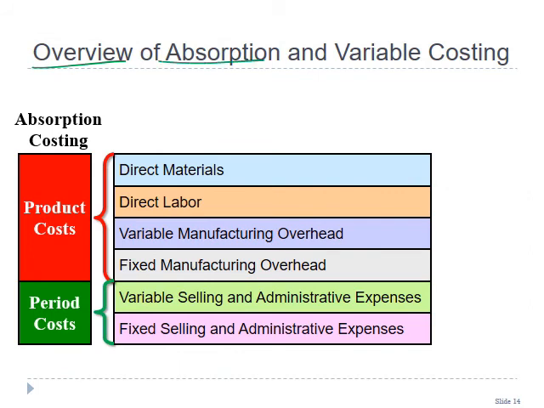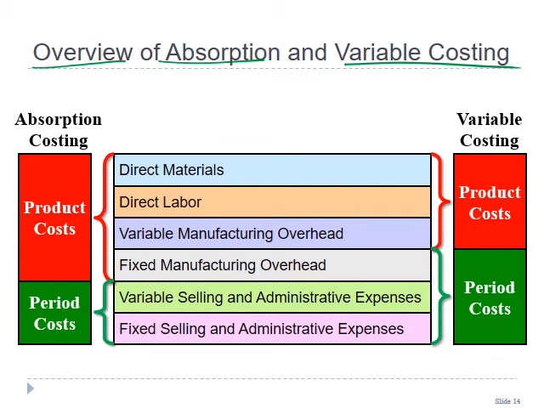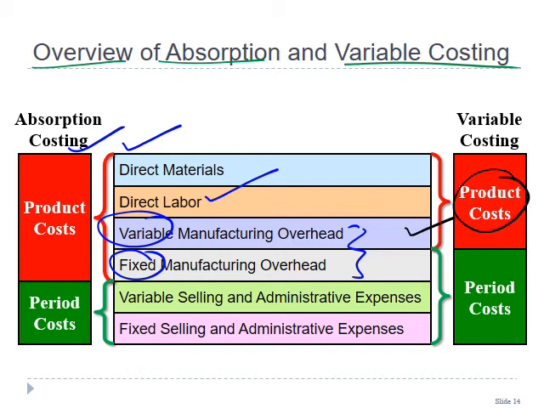So, an overview of absorption costing and variable costing. Absorption costing treats all the direct material, direct labor, and both variable and fixed manufacturing overhead as product cost. Whereas variable costing only considers the variable part of manufacturing overhead as product cost.